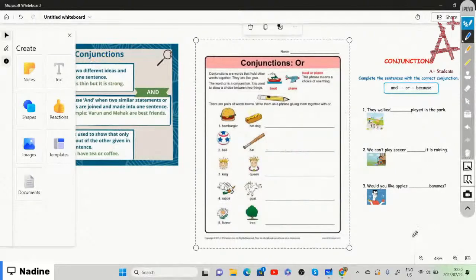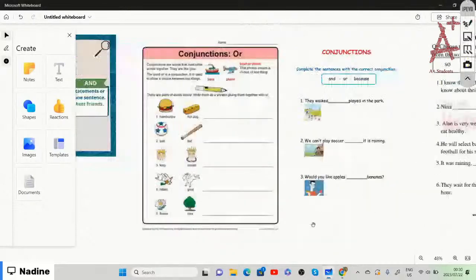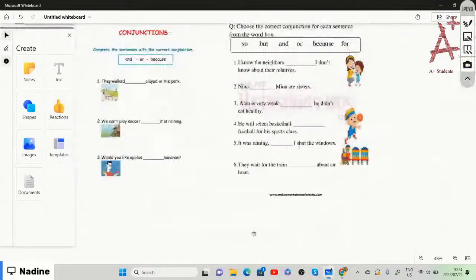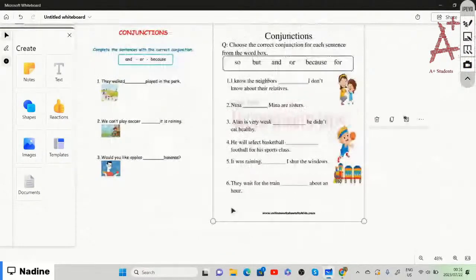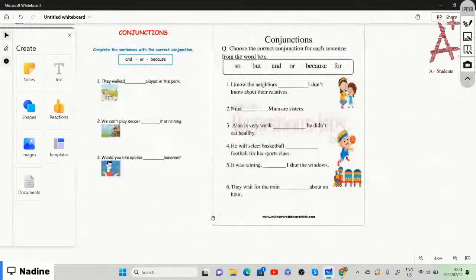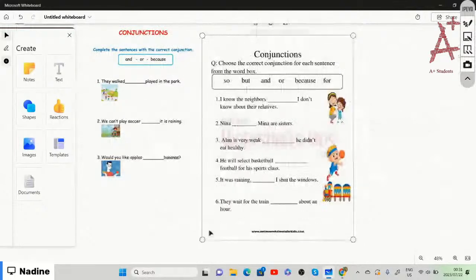All right, so now we're going to our next activity. Here we have an activity on conjunction. It says that you need to choose the correct conjunction for each sentence that is found in the word box.